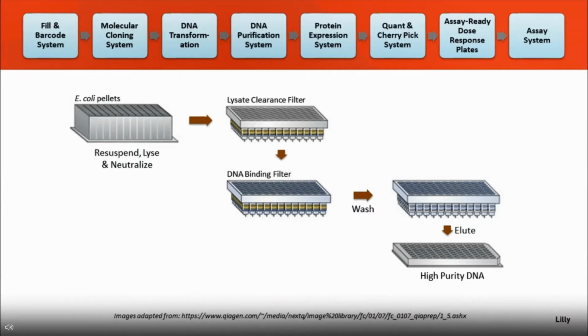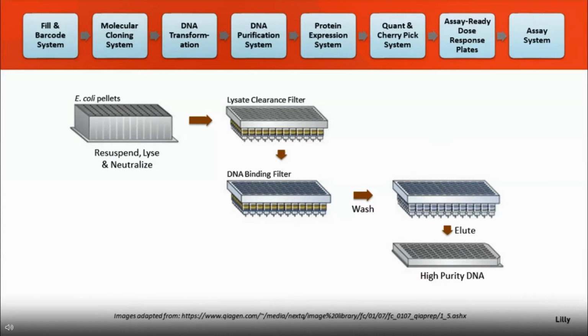The next part is a recent system we built to do our plasmid-based purification, and we are using the 96 Turbo kit from QIAGEN. What you see here on the top left is the E. coli pellet block. We dispense a few different reagents to resuspend, lyse, and neutralize the E. coli.